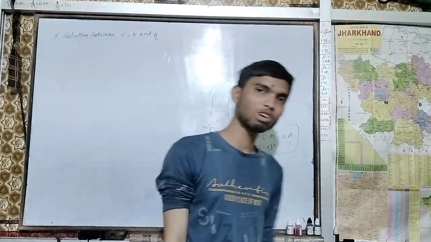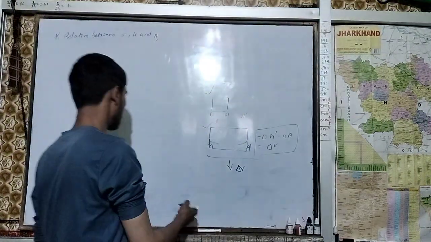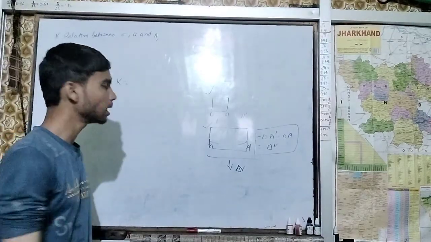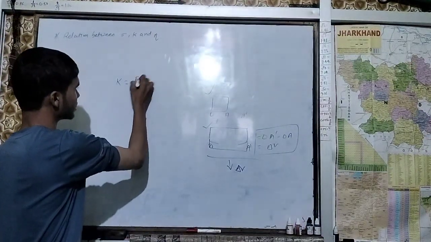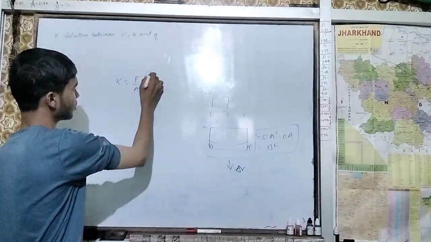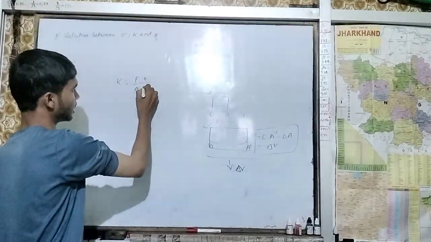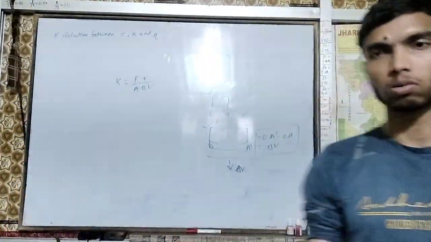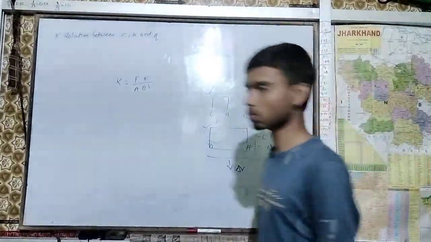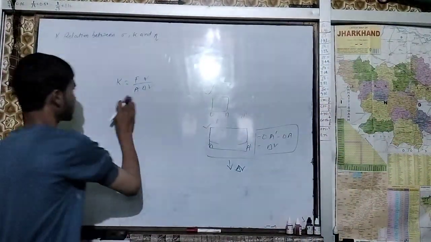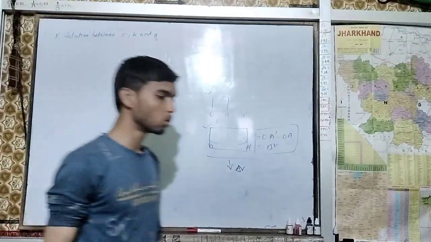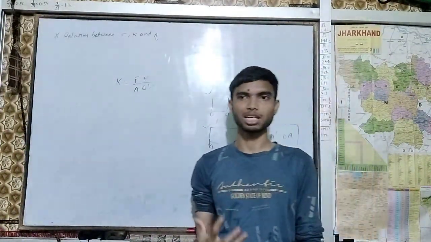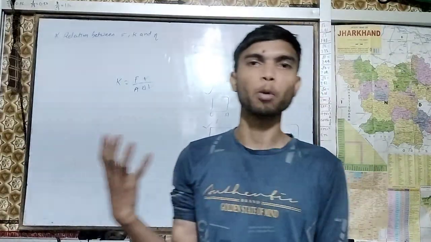Once you get the change in volume, finally you can write the bulk modulus, which is represented by K. This is known as F upon A, with V going upward and the change in volume coming downward. So this is the formula to calculate the bulk modulus. The bulk modulus tells you how much an object can be compressed.